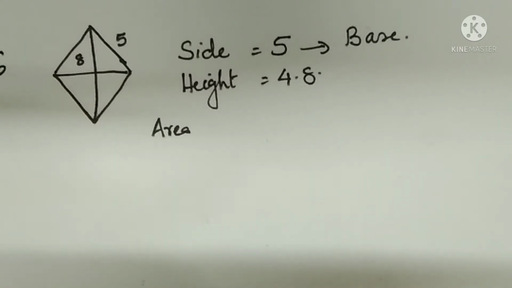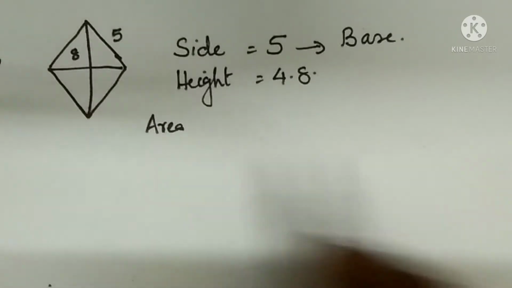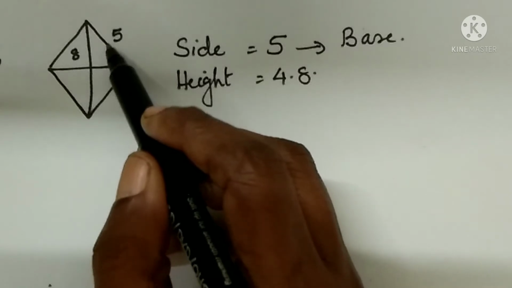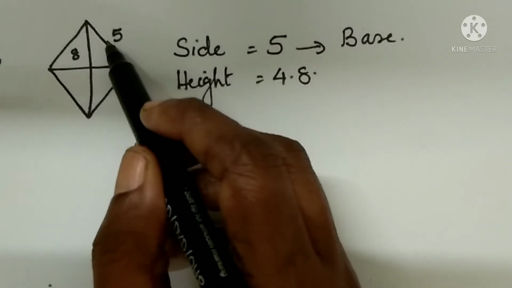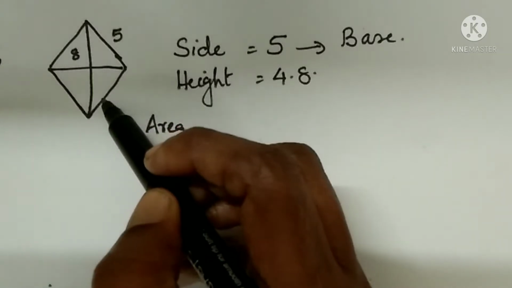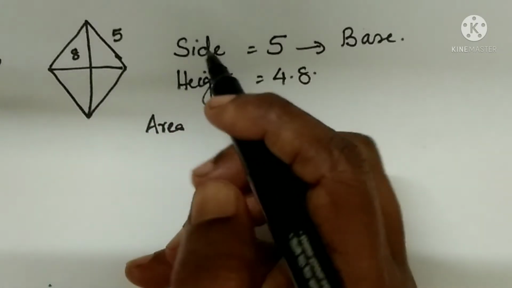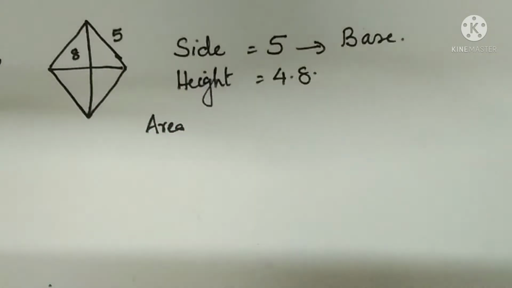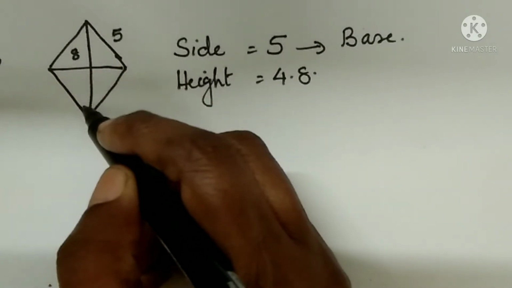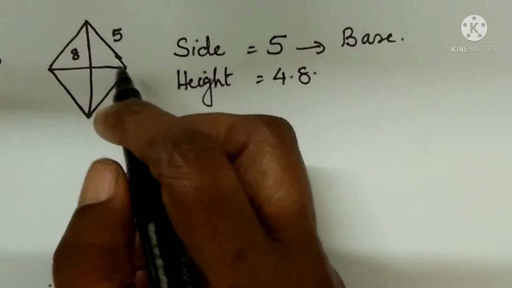So here the side of the rhombus is already given. Why is it called a parallelogram? Because these two sides are parallel and equal, these two sides are parallel and equal. So these are the properties of a parallelogram. So this can be considered as a parallelogram with all four sides equal.